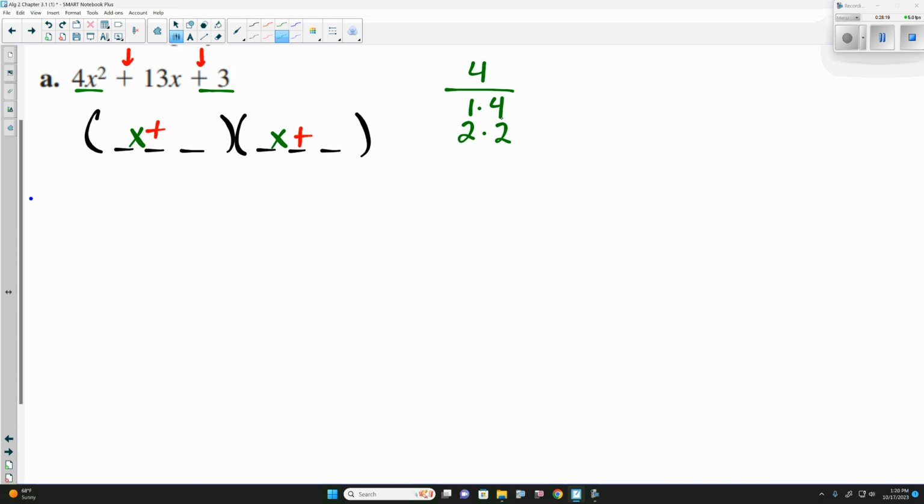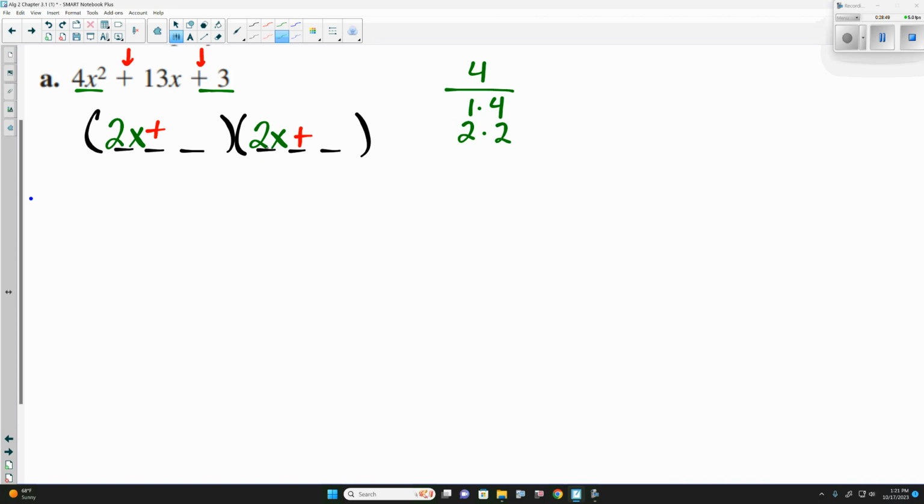Now the question is, which one would we actually use? 2 and 2. Now at this point here, we just need to pick one. Because when we start getting the factors, we just need to pick one. And this also kind of leads into what I said earlier. The more of these that you do, you'll start seeing the patterns of what is going to be a more likely choice between 1 and 4 or 2 and 2.